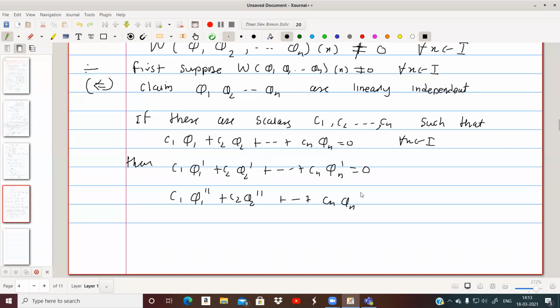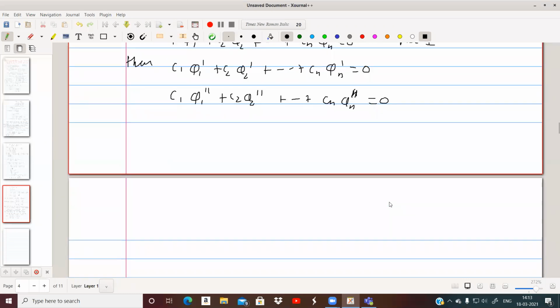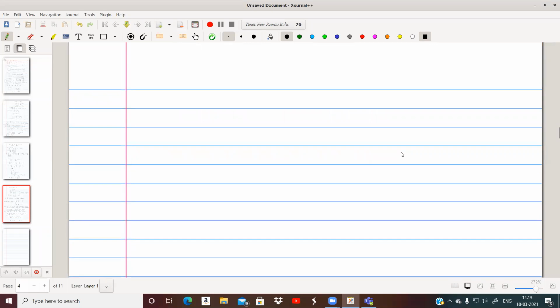To get n equations, you must differentiate n-1 times. So I'm continuing this. C1 phi 1 (n-1)th derivative, C2 phi 2 (n-1)th derivative, Cn phi n (n-1)th derivative. So this is a system of homogeneous equations with unknowns C1, C2, and so on.